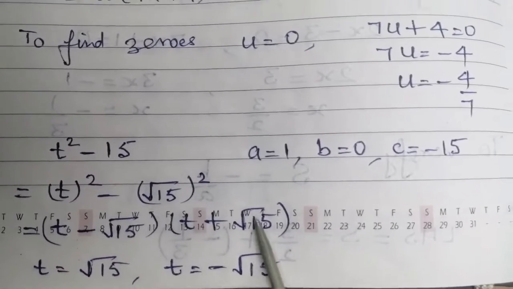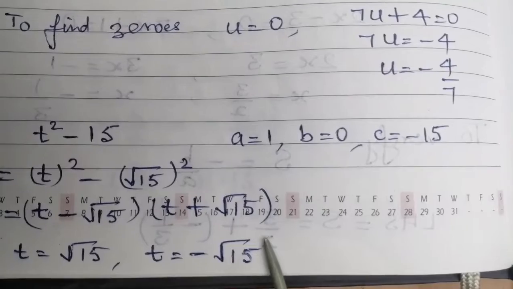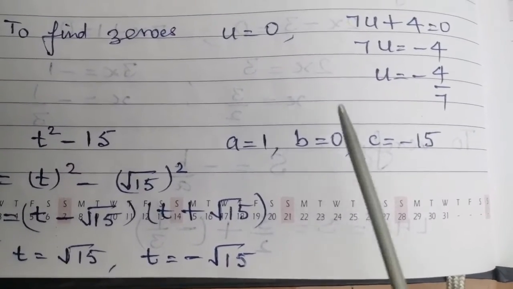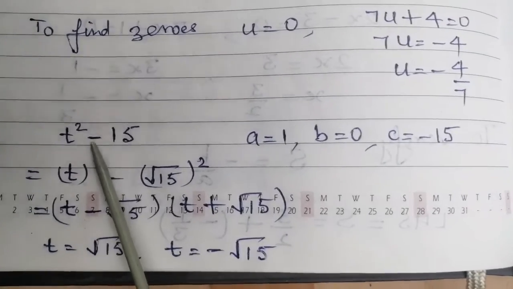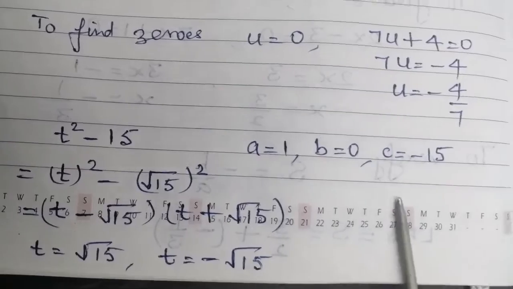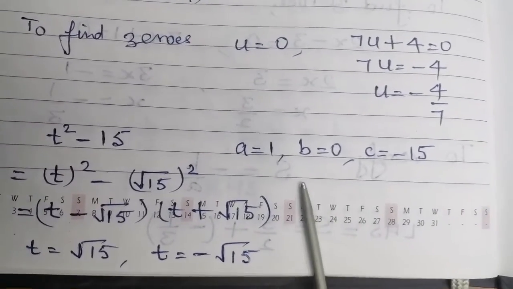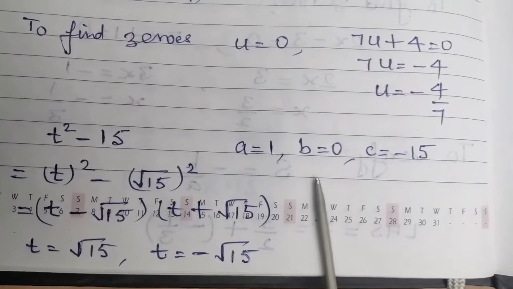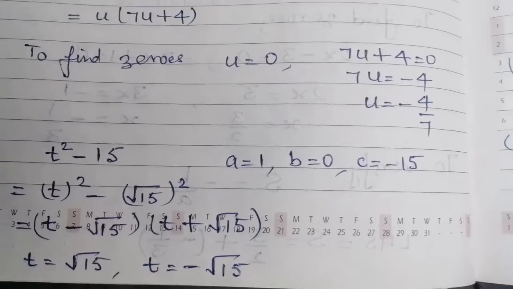When you take them equal to 0, you get t is equal to root 15 and t is equal to minus root 15. Also here a, b and c: a is 1. There is no term containing t, so b is equal to 0 and c is −15. Now you can verify the relationship that we had discussed earlier, S is equal to −b/a, and product is equal to c/a, by putting the values.